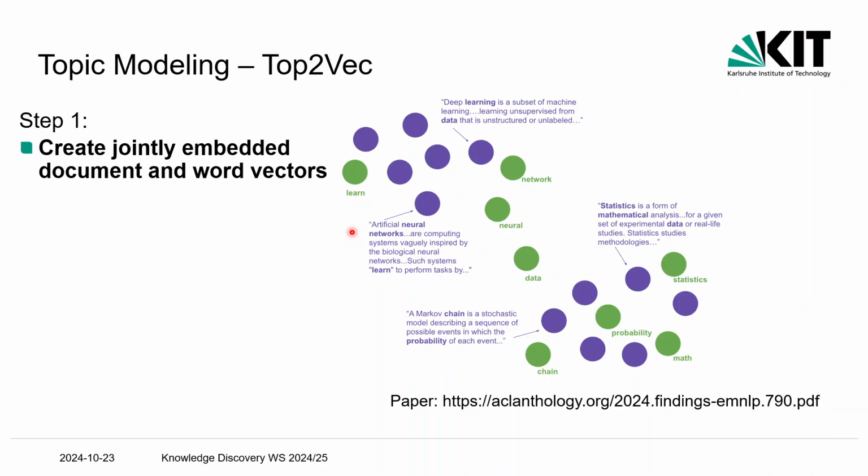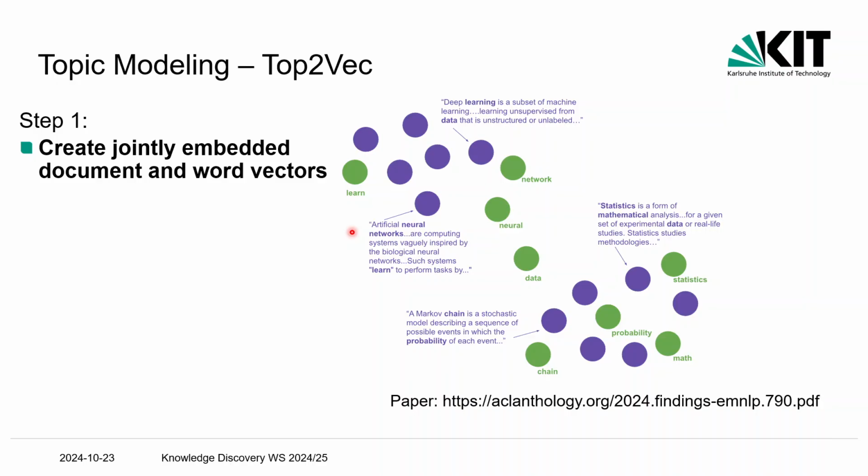The first one is to create jointly embedded document and word vectors, which in practice use Doc2Vec. I'm assuming hence the Top2Vec name, inspired by Word2Vec, Doc2Vec, and so on.